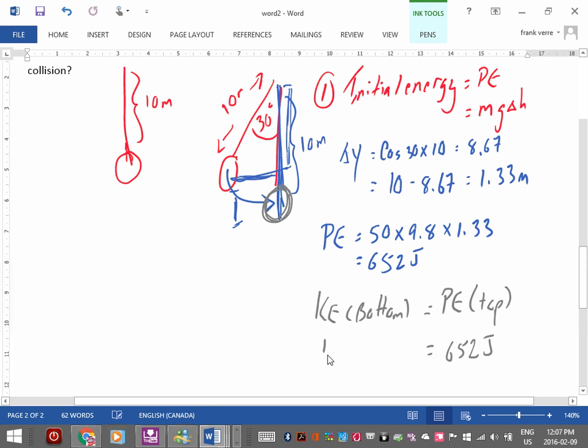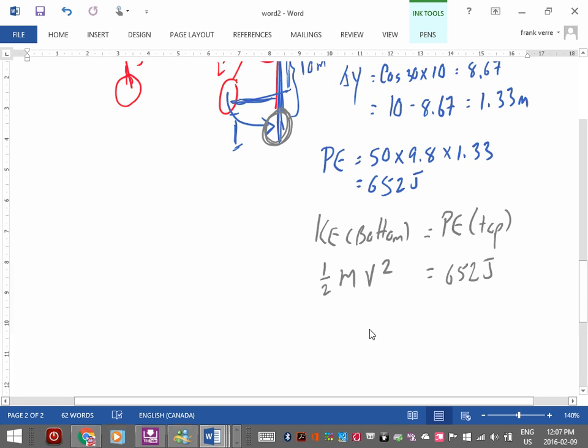It's 1/2 mv squared. So let's solve for v. v will be 652 times 2, get rid of that 2, and then divide by m, which is 50.